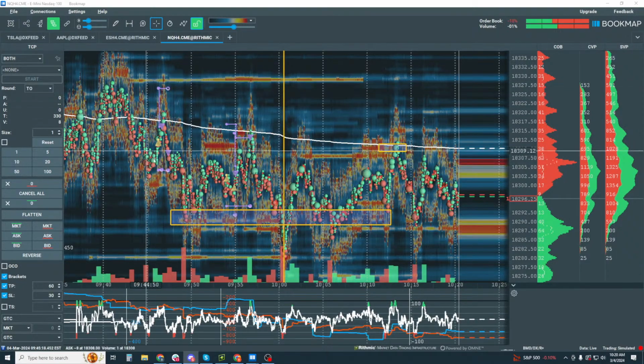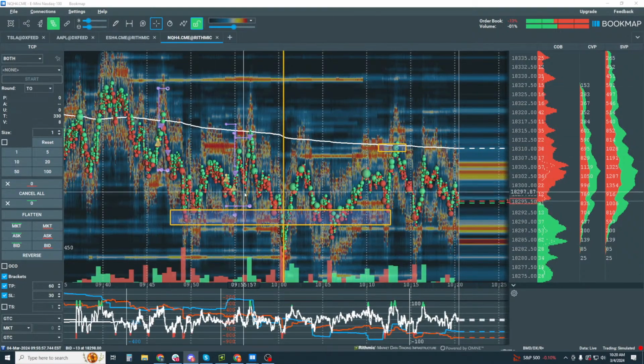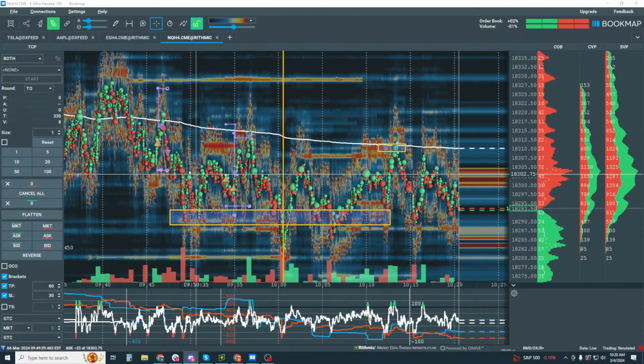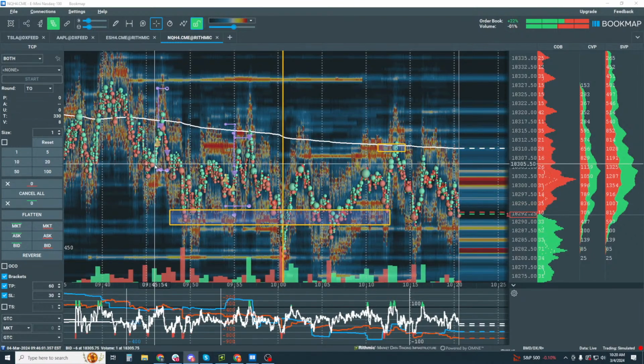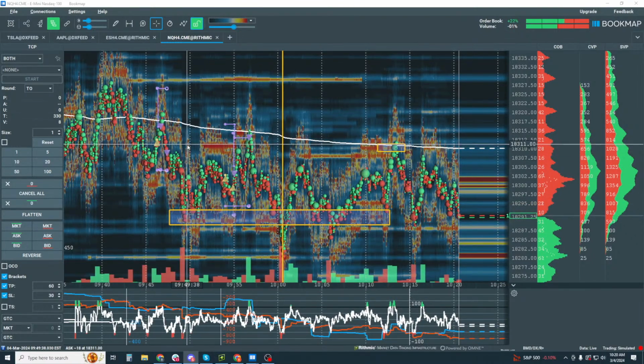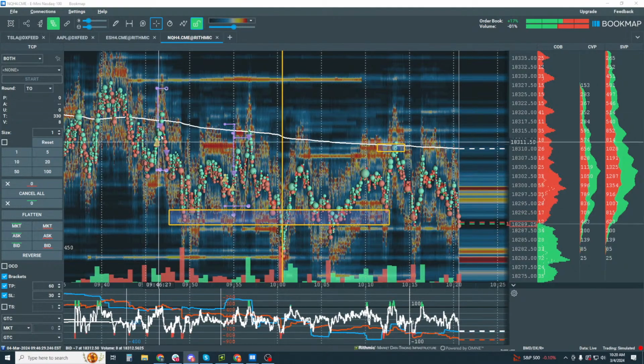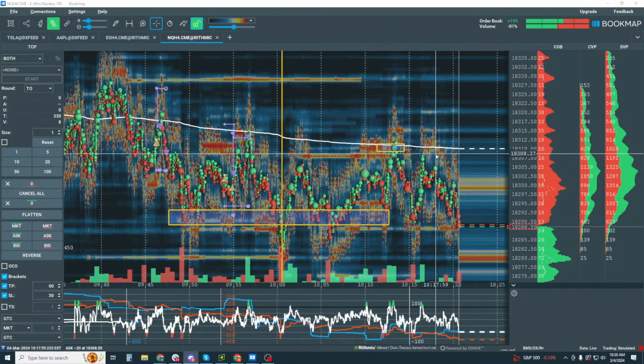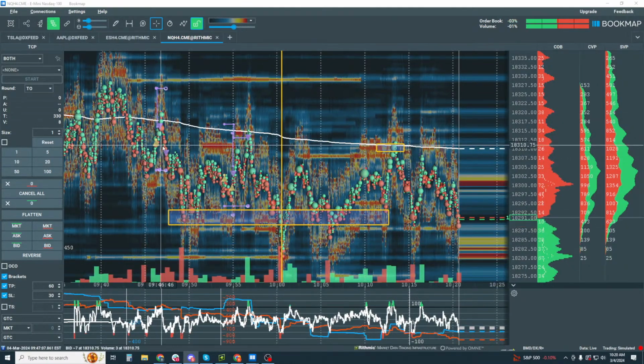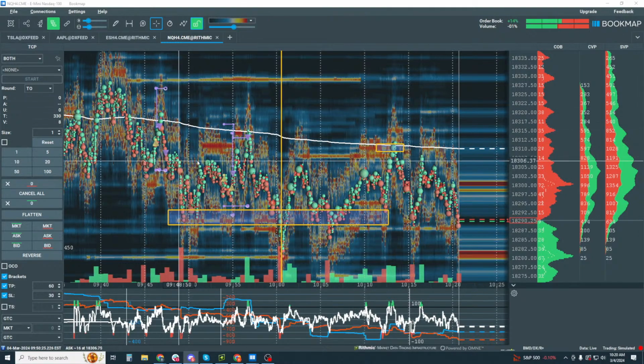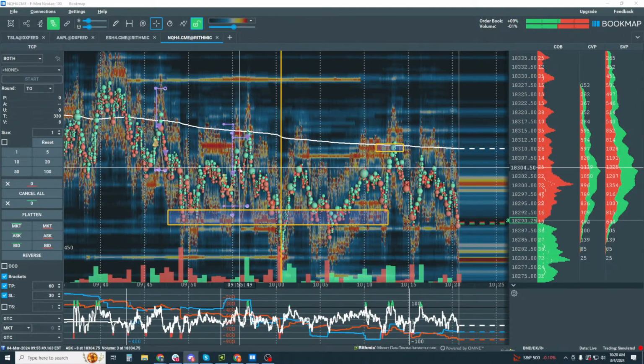Okay, we can go over a few trades that I took earlier as well, and this was a little too early. I was in way too early, but also still looking for a move back up. But I took a couple of profits. I took a couple of losses, I believe.